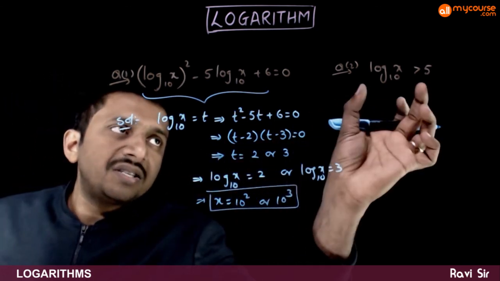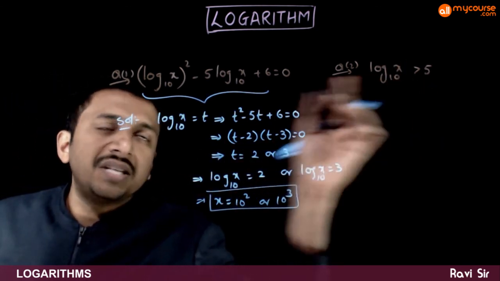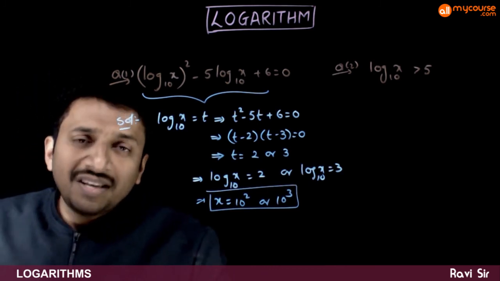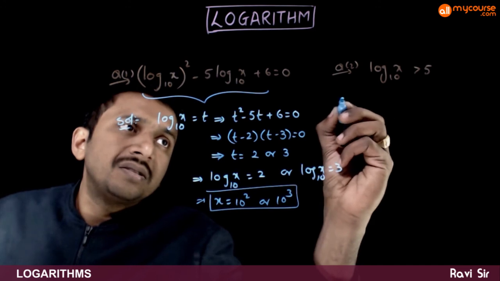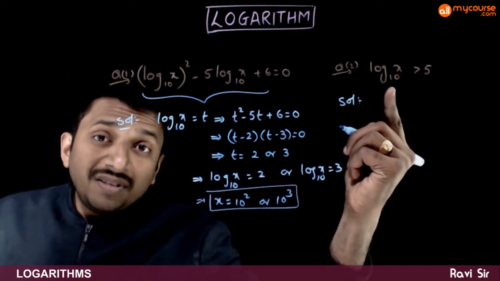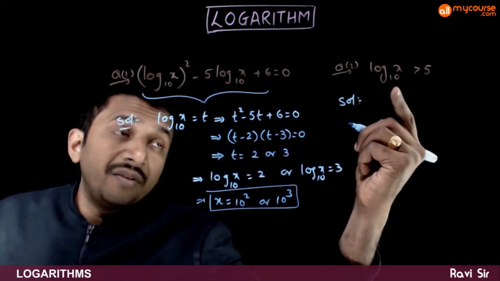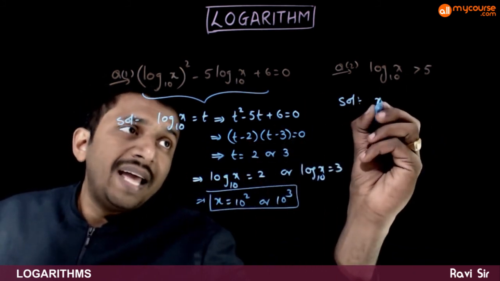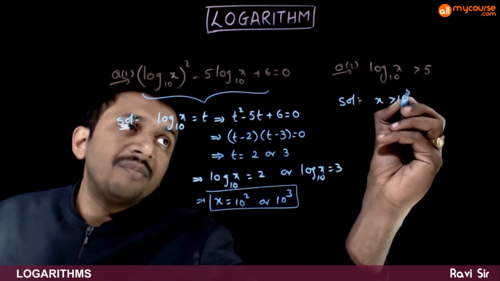So next, let us try to solve log x to the base 10 is greater than 5. If you convert this into the exponential form, you get x is greater than 10 power 5, right?